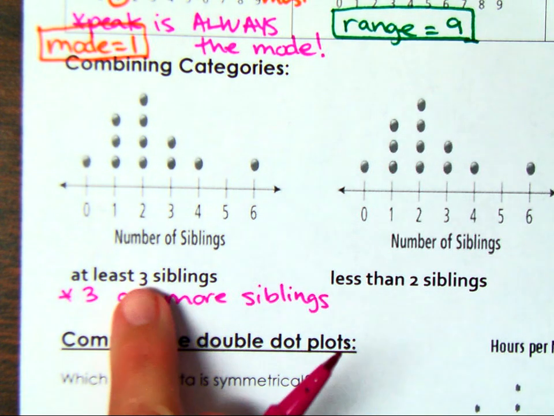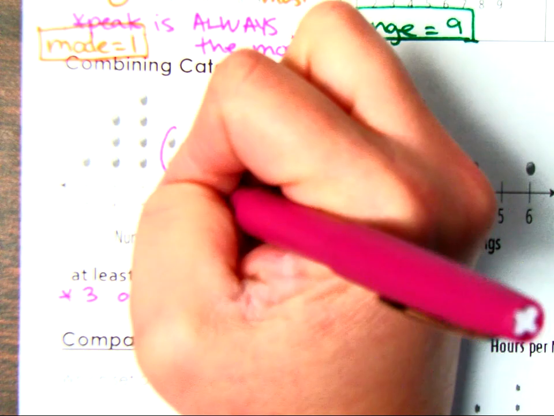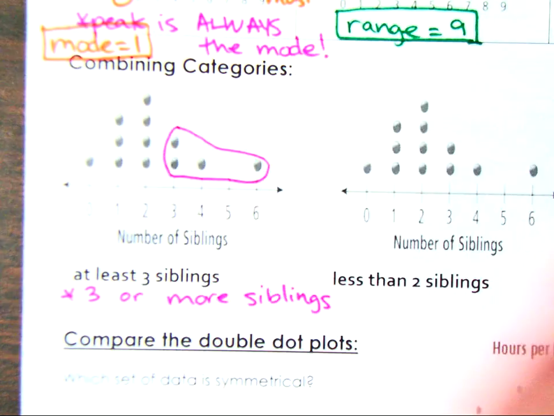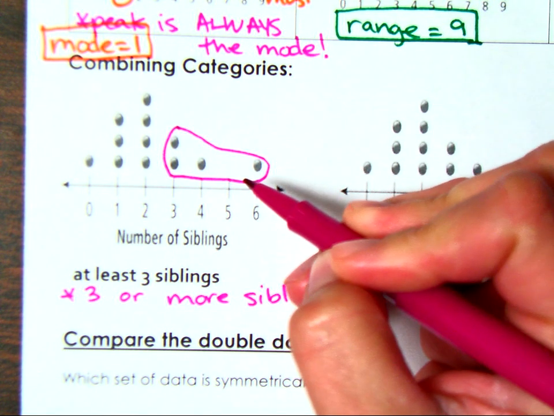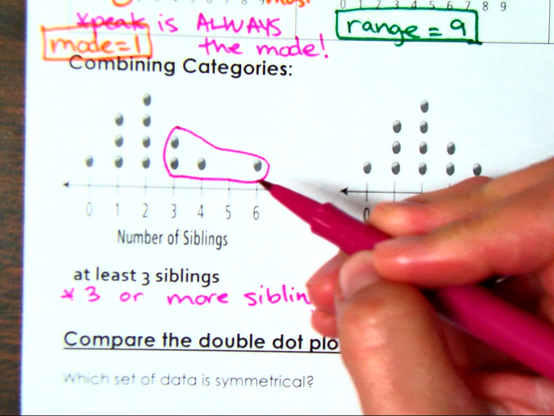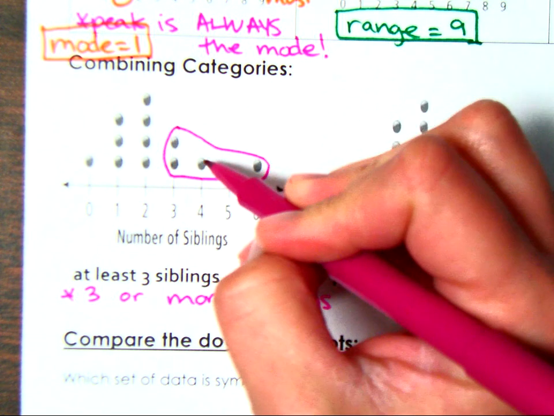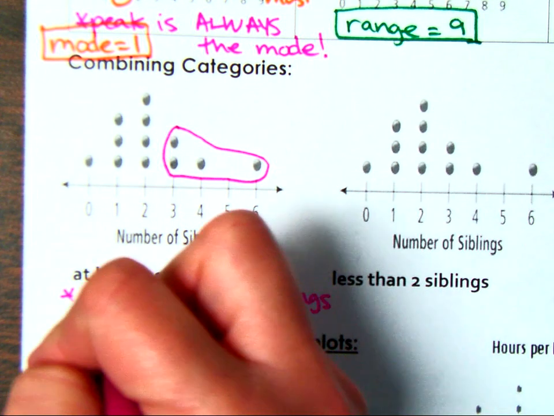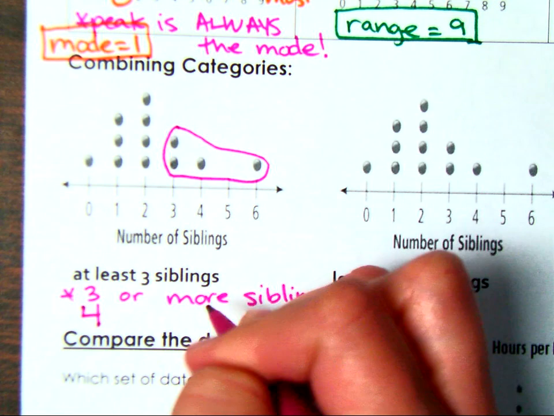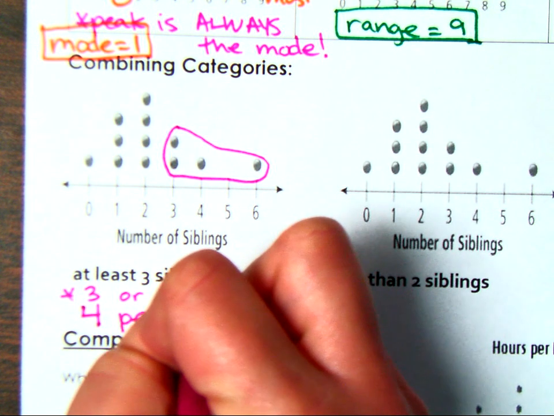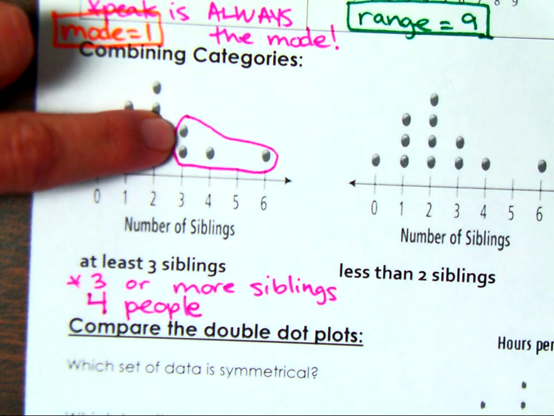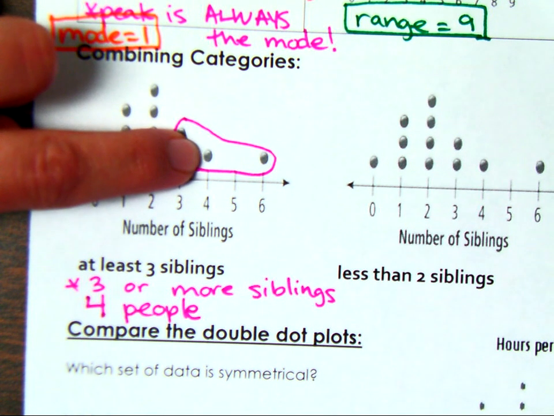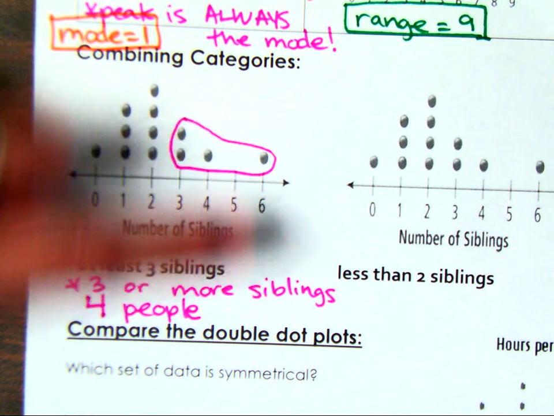If you have at least 3 siblings, you have 3 or more. So we only count the dots that are represented because that would have been how many people in my list had that. So there's 1, 2, 3, 4 people. Okay, and the reason why this is 4 people, 2 people had 3 siblings, 1 person had 4 siblings, 1 person had 6 siblings.